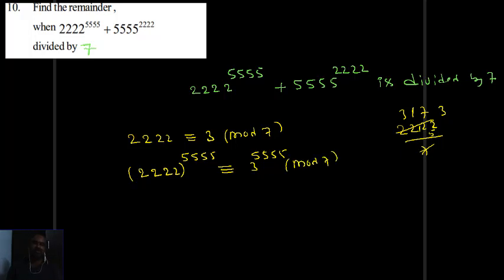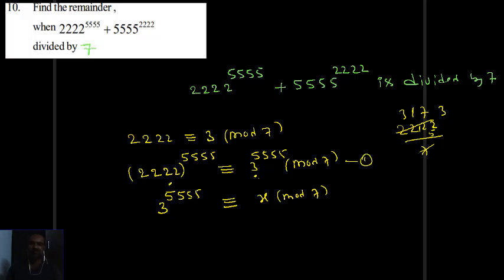So I can't say this is the remainder when this number is divided by 7, because this number is greater than 7. So better to find an x value so that 3 power 5 is congruent to x modulo 7. This is equation 1.